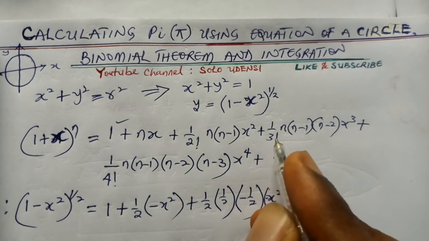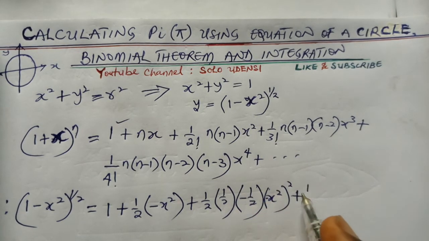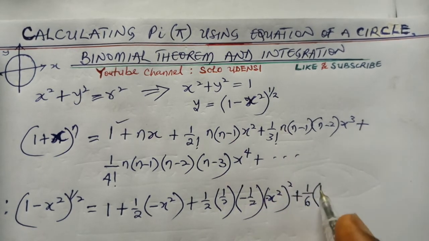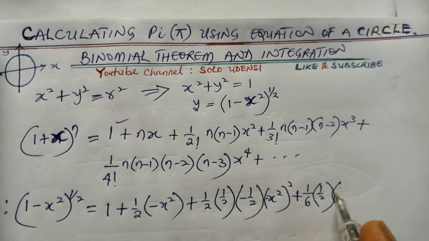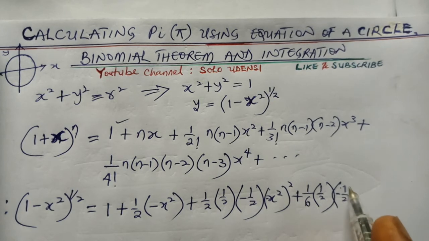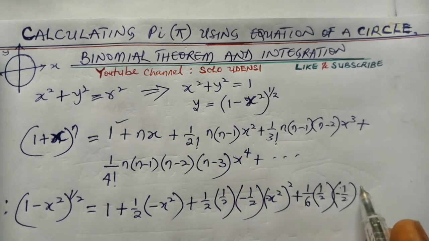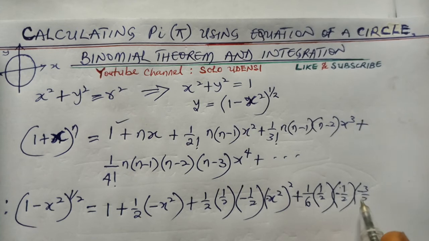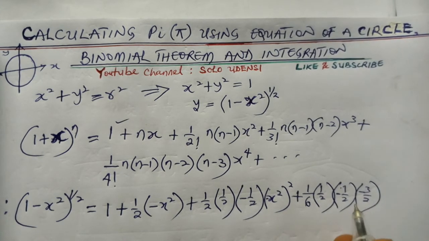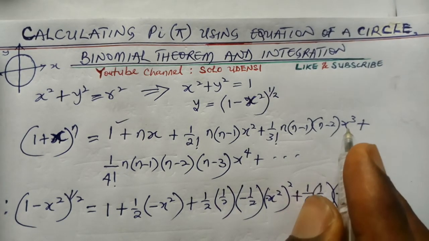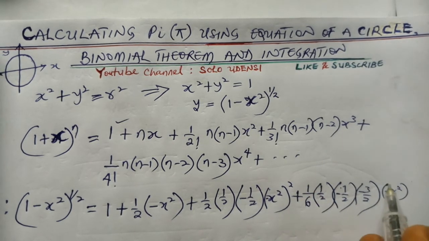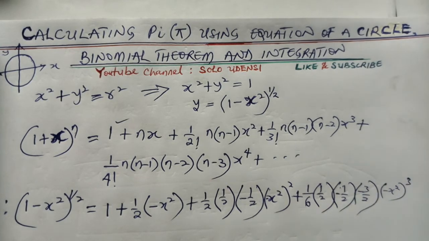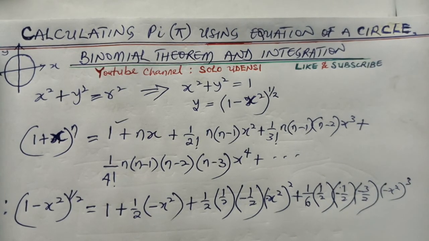Plus this one is 1 over 3 times 2 times 1, 6, this one is half, this one is minus half, this one is minus 3 over 2, then x is minus x squared all raised to power 3.